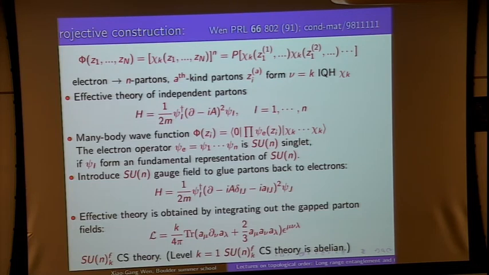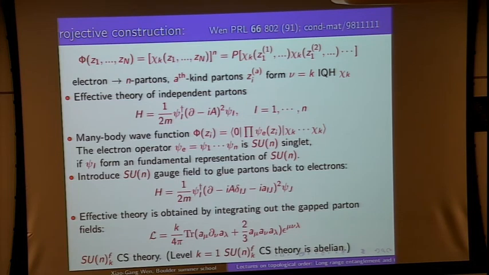And there are a lot of field theory results for this Chern-Simons theory. So we say this Chern-Simons theory has non-abelian statistics, then this wave function has non-abelian statistics. And that's it. That is our argument.